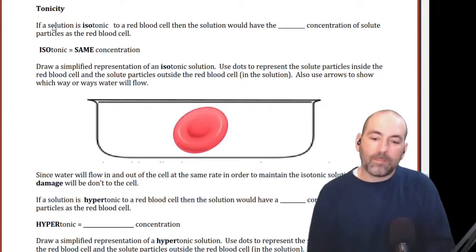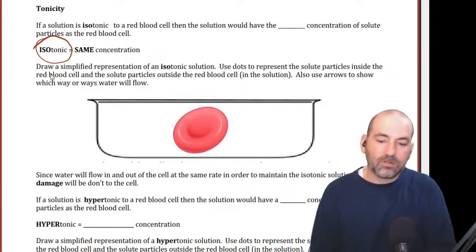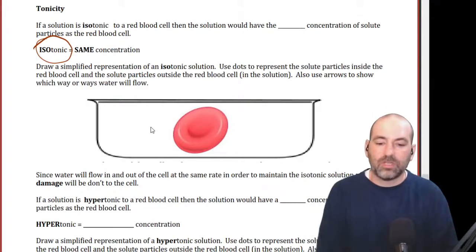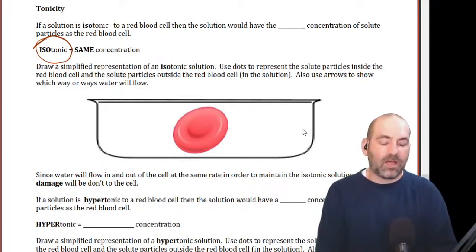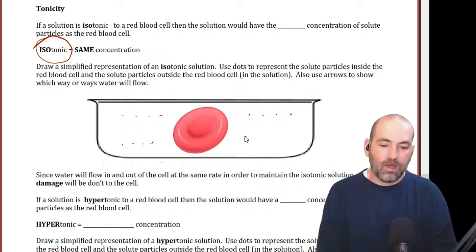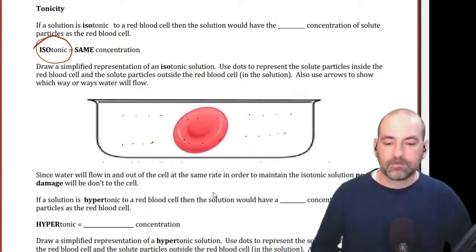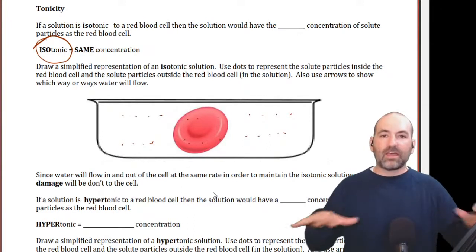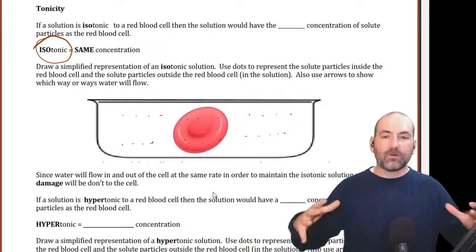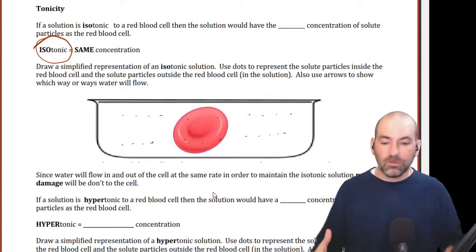So ideally, we have what we call an isotonic situation, where there are the same numbers of solute particles on the outside of the blood cell as there are on the inside. And that way, everything kind of equalizes and that cell isn't forced to contain more water or lose water.